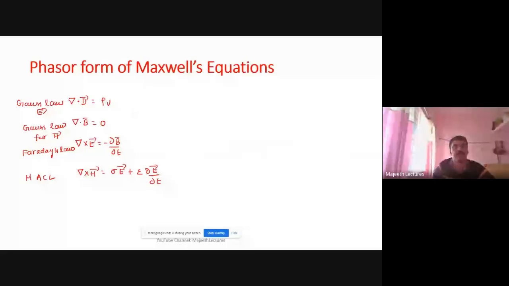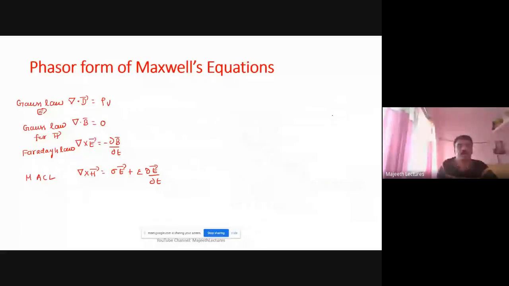So how to convert this equation into phasor form? So let's see how we are converting. If you want to convert any equation into phasor form, what we have to do is we have to replace dou by dou T by j omega.